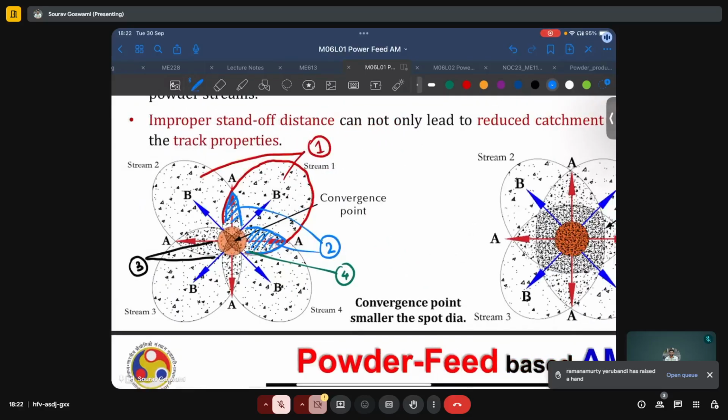And so there is a lack of omnidirectionality based on if we are going along any of the directions A or the directions B. We can expect different powder deposition characteristics because the amount of powder being deposited along that direction is much different.